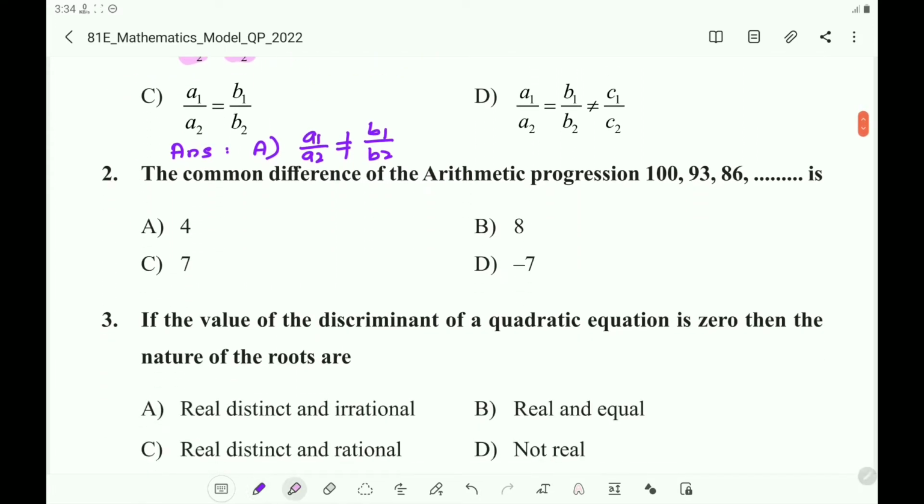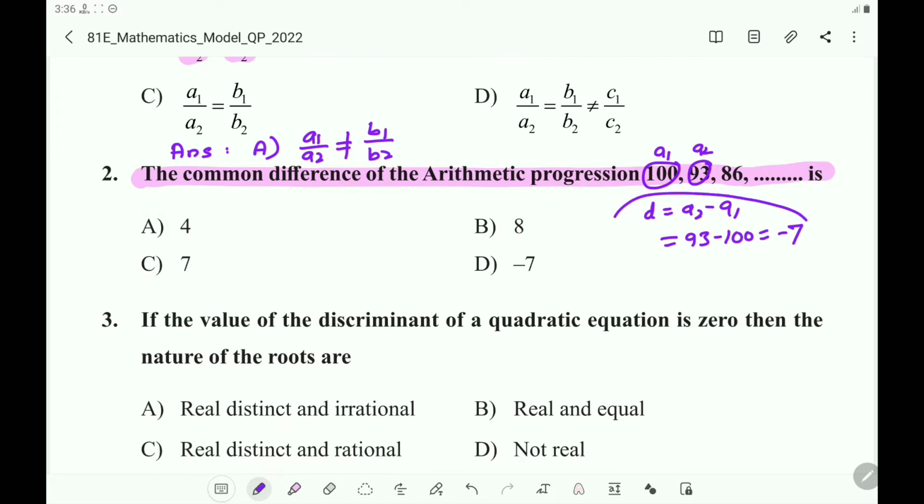Then the next question, the common difference of the arithmetic progression 100, 93, 86. To find the common difference, you need a2 and a1. Here the first term is a1, that is 100, and the second term is a2, 93, and you know that d = a2 - a1, that is 93 - 100, which is equal to -7.